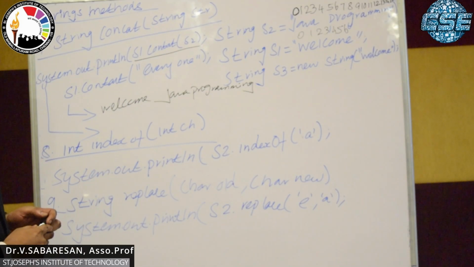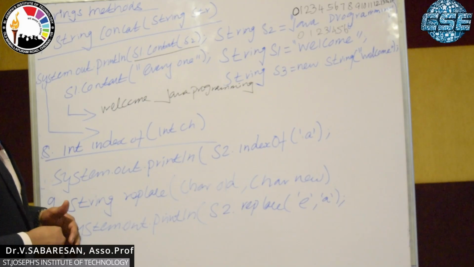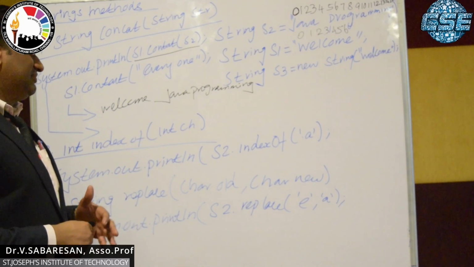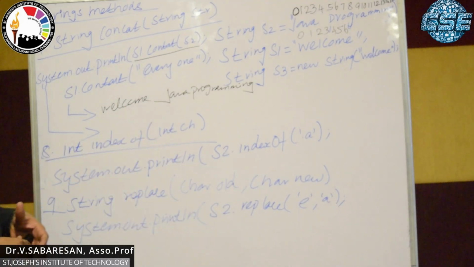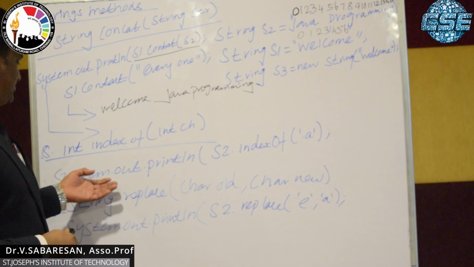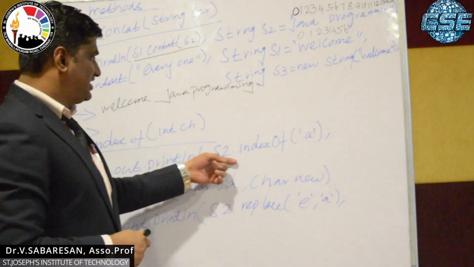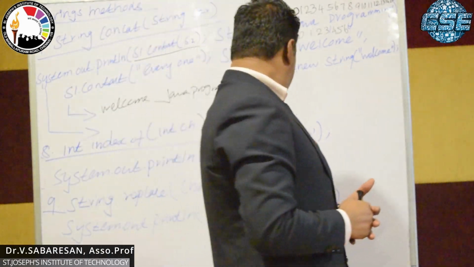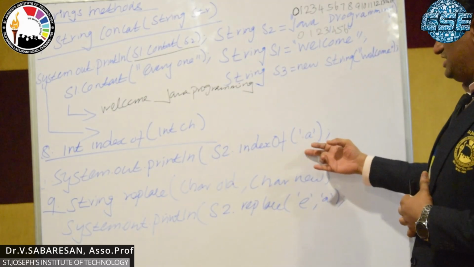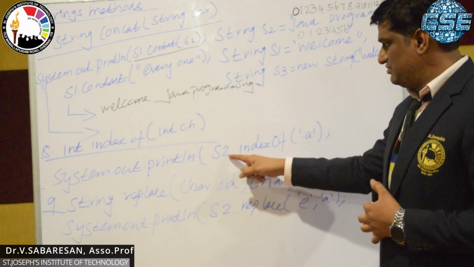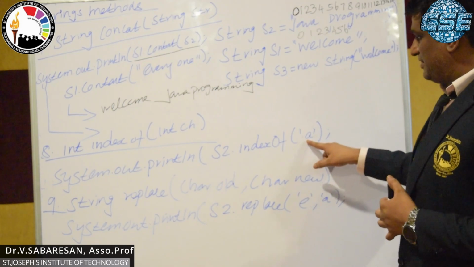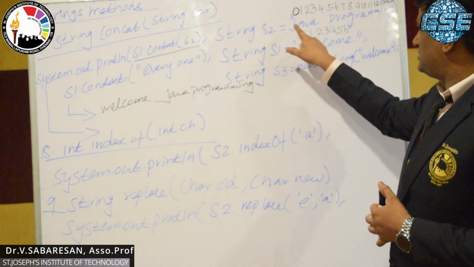The next method is the indexOf method. The indexOf method returns an integer, the index of the given character in the given string. Take the example s2.indexOf(a). This method returns an integer value, the index of the character a in s2. The example s2 is Java programming.